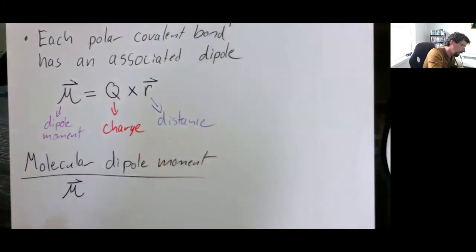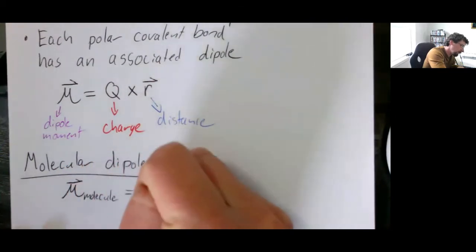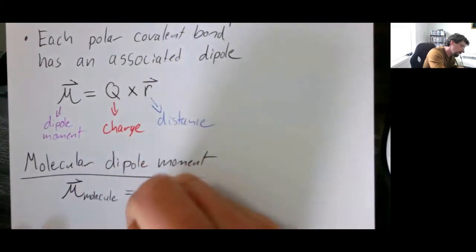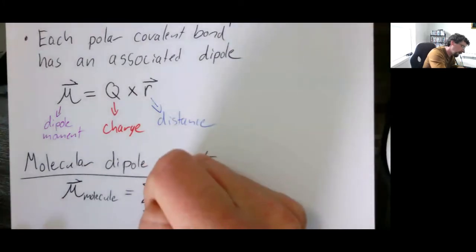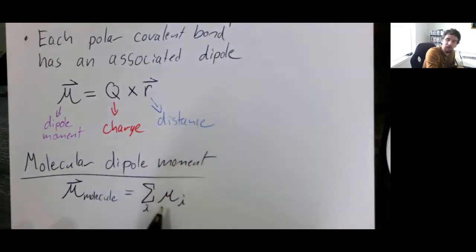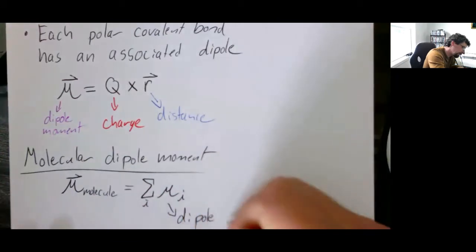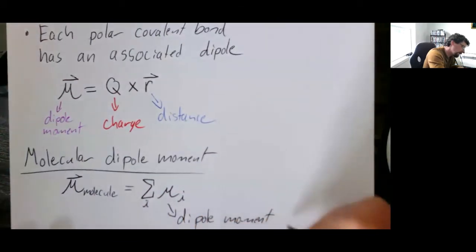Let's give it the symbol mu molecule, which is equal to the summation of mu sub i, where mu sub i is the dipole moment of each bond.